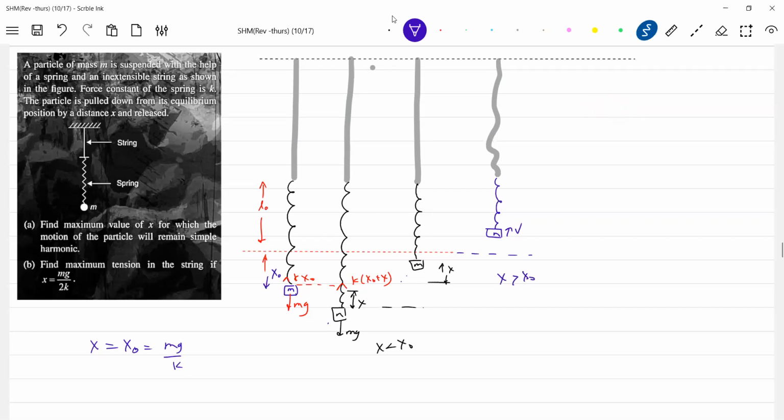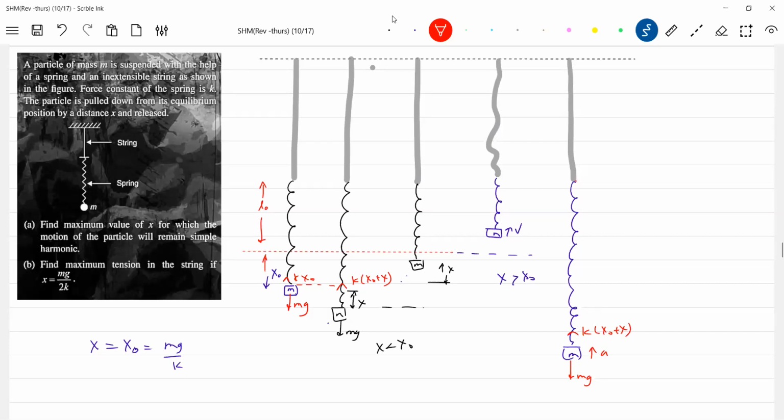Let me come to the next part. Worst case, go for a diagram, otherwise not needed. With the maximum tension in the string if x equals mg by 2k, here the spring force will be k times x naught plus x.